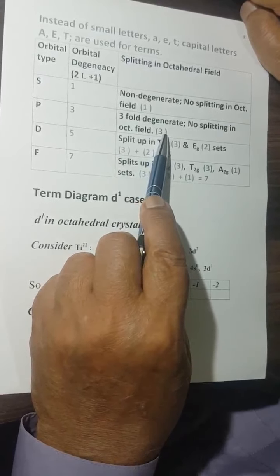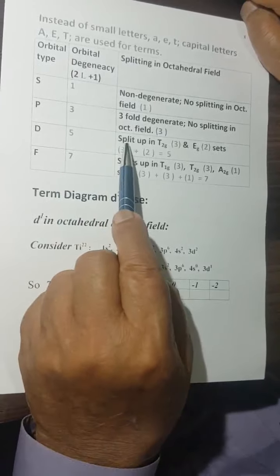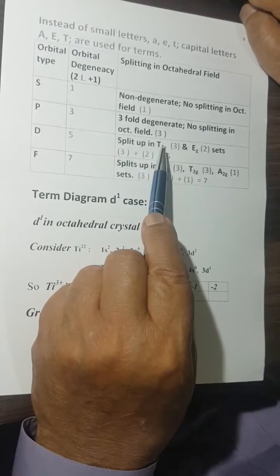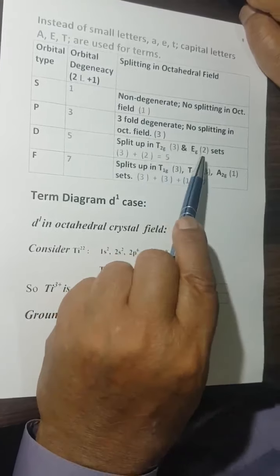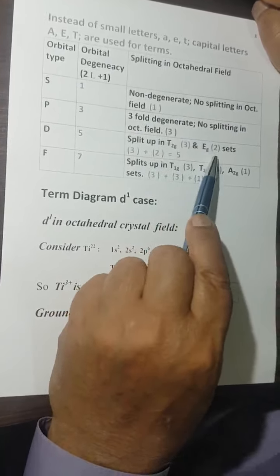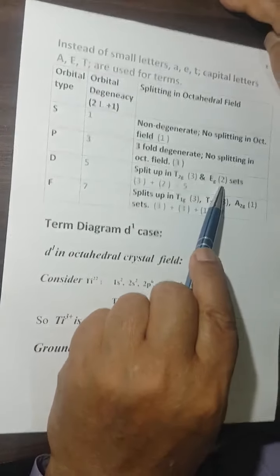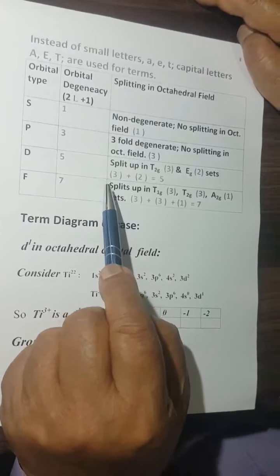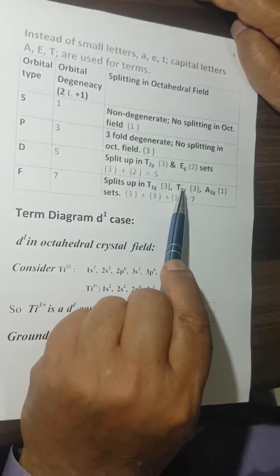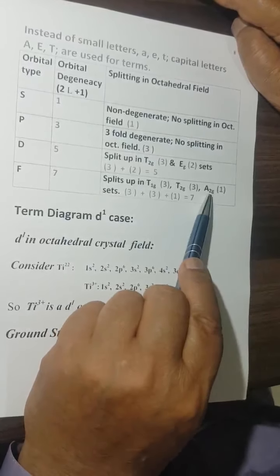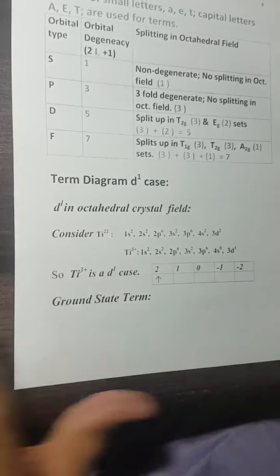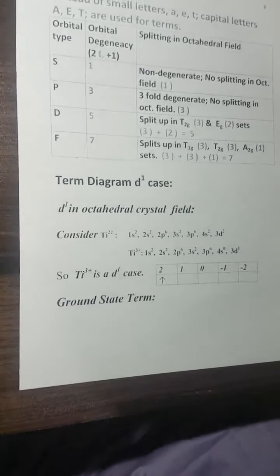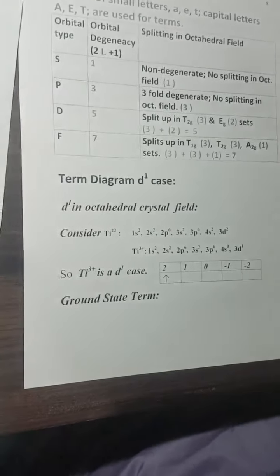And D splits up into T2G and EG. We have used capital letters here. And then finally this one, T1G, T2G, A1G, capital letters, not small. So this is all. This was the heading of the topic, the term diagram.